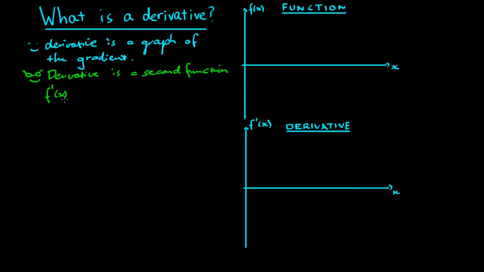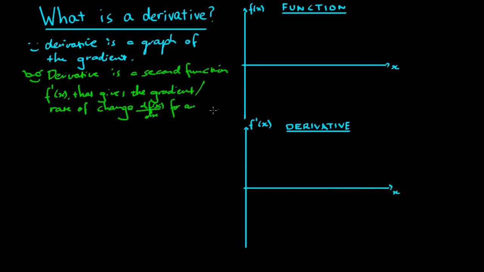F dash x gives the gradient slash rate of change, dfx over dx, for an x value. And we'll look at that in a second, but basically the first explanation is easy because it's graphical, and the second one deals more with functions.